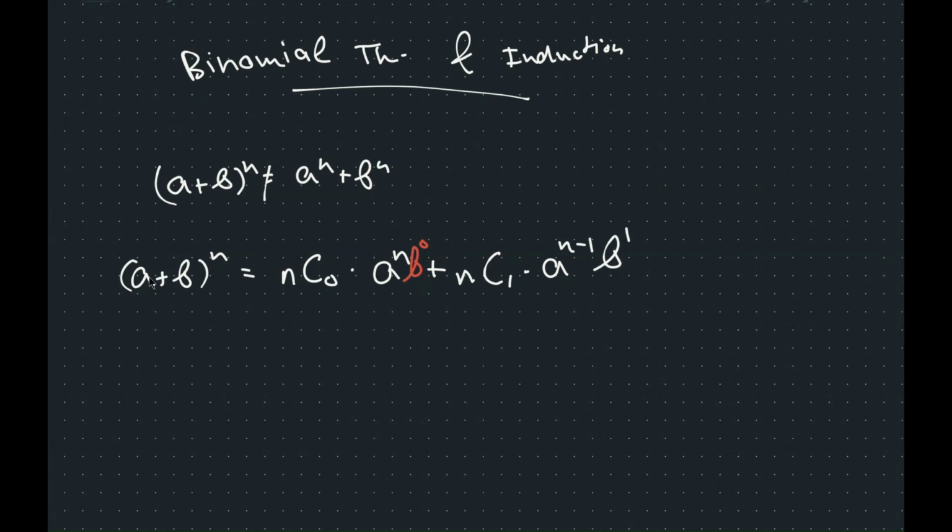And then let's continue. It is plus nC2 a to the power of n minus, not 1 in this case, but 2, and then b to the power of 2, and so on and so on and so on, where we reach a point where we have nCn times a to the power of 0 and b to the power of n. This is the binomial theorem.